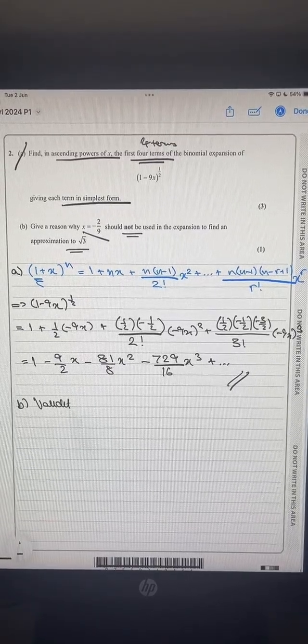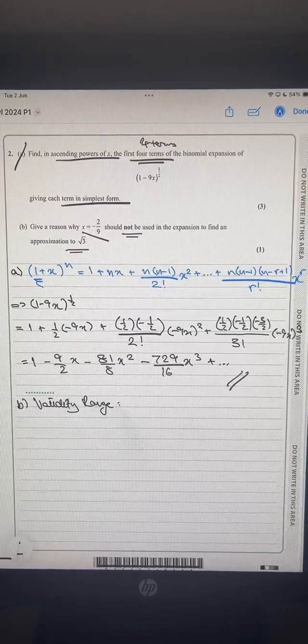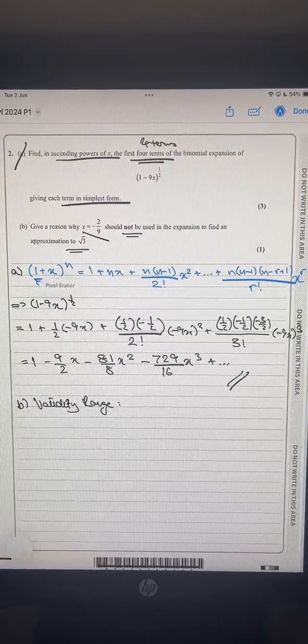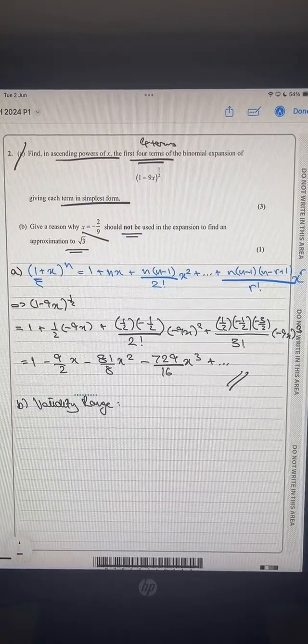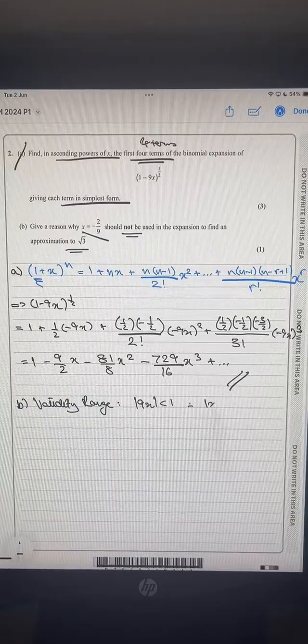So the validity range: we take whatever is along with this x, so the layout matches the formula. The modulus of 9x should be less than 1, therefore the modulus of x should be less than 1/9.